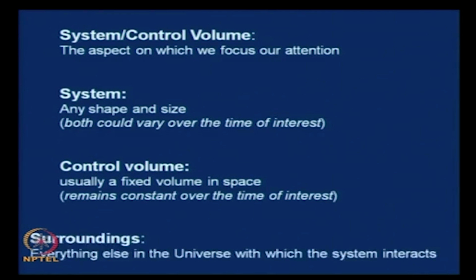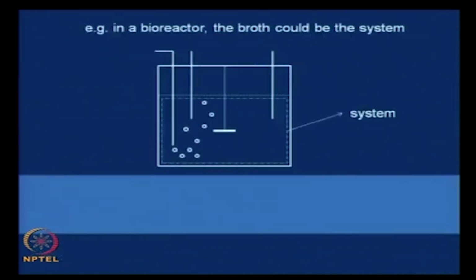The term surroundings refers to everything else in the universe with which this particular system interacts. For example, we are all bioprocess people, biotechnology people, so we probably know what a bioreactor is already.